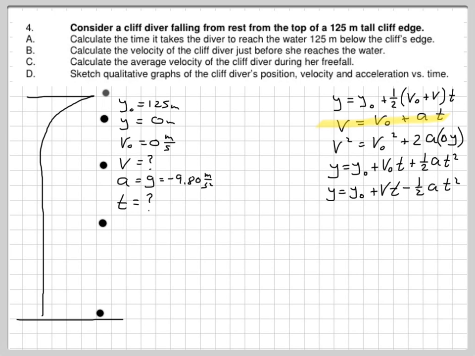This one has time and final velocity, so I'm not going to choose that one. This one doesn't have any time in it at all. This one has both time and final velocity, so I'm not going to choose that one. This one has time and final velocity in it, so I'm not going to choose that one. So the one I am going to choose, of course, is the only one that's left.